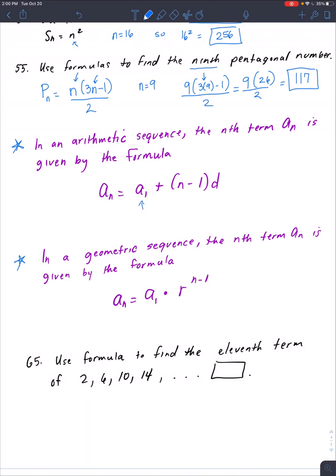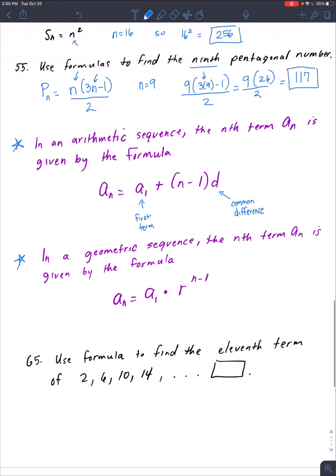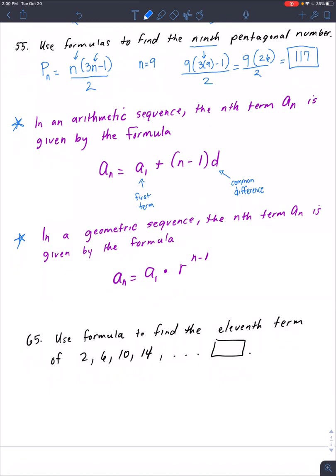In these, your a sub 1 is your first term, and your d is your common difference. When we have a geometric sequence, a sub 1 is your first term again, that's consistent. But this time, your r is a common ratio.